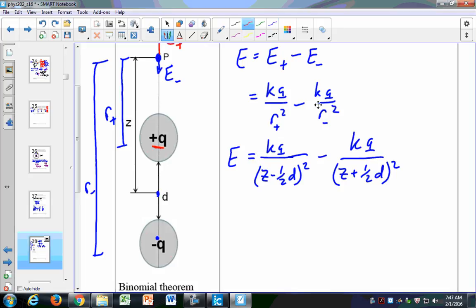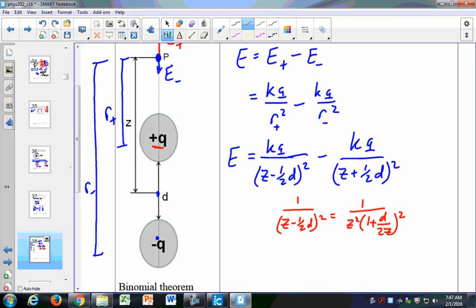So where I have 1 over (z minus 1/2 d) squared, this now becomes 1 over z squared times (1 minus d over 2z) squared. I factored a z squared out of this whole thing, and so I get this expression right here.